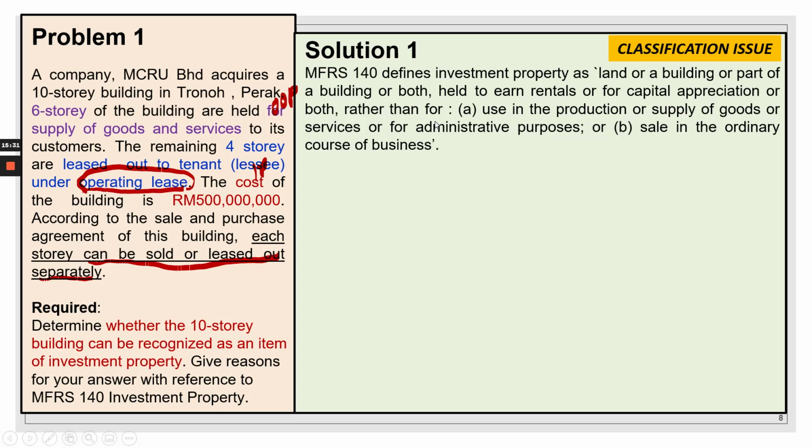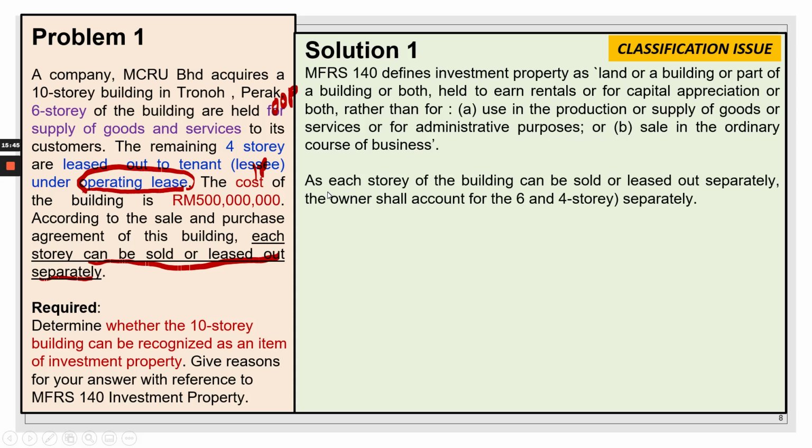If you can recall, these are the definitions of investment property. To determine whether it is an IP, we start off by giving the full definition. Then you would notice that as each story of the building can be sold separately based on the information here, the owner shall account for the 6 and 4 stories separately.